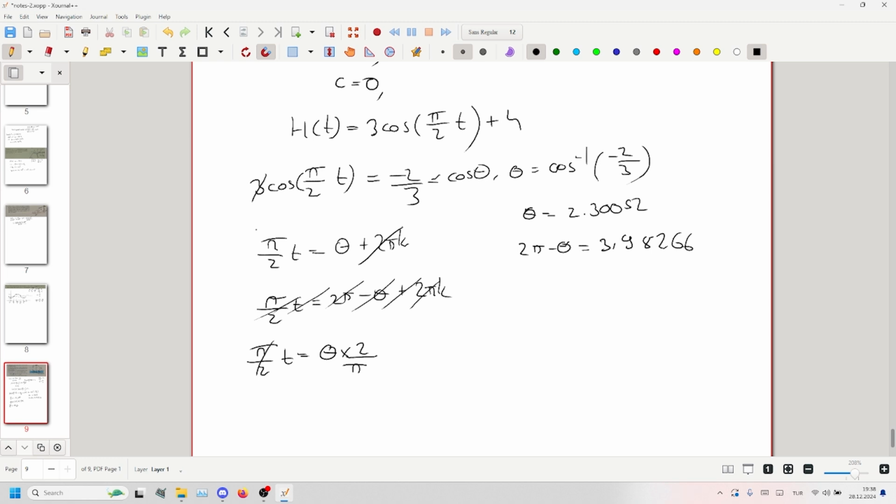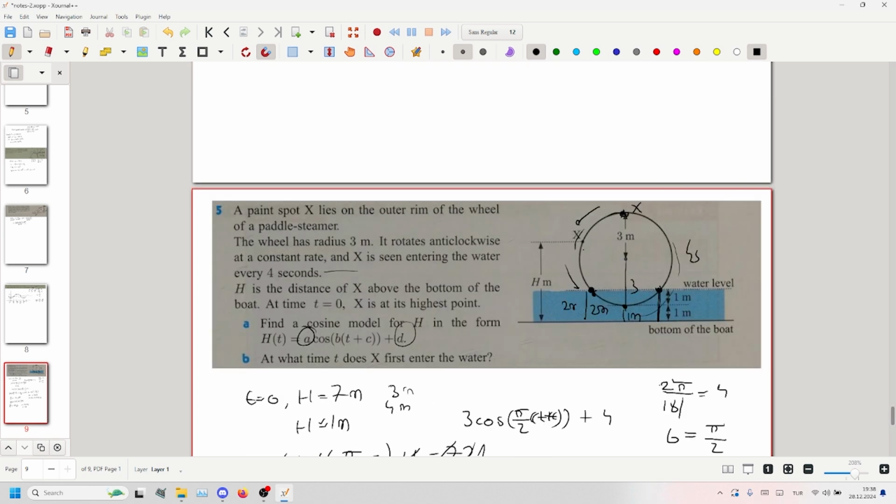That would equal this multiplied by 2 over pi, which is 1.46456. Let's just do 3SF: 1.46. So basically at time t equals 1.46, x will enter the water at this position right here.